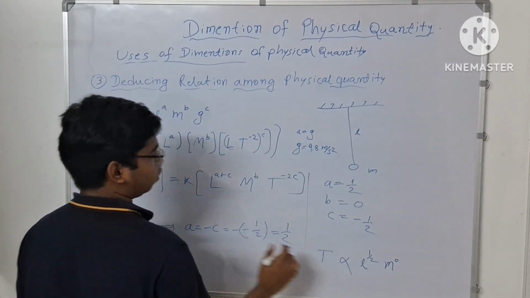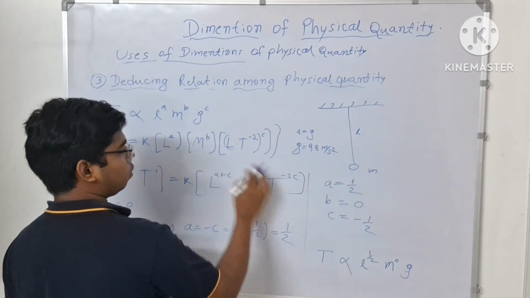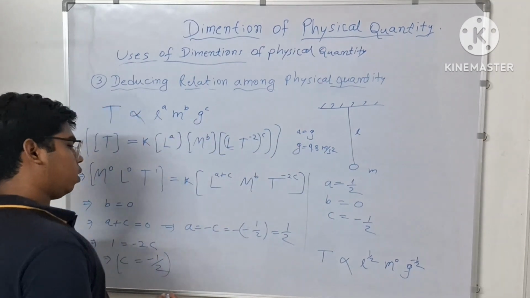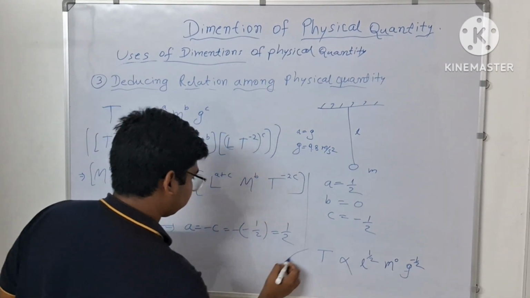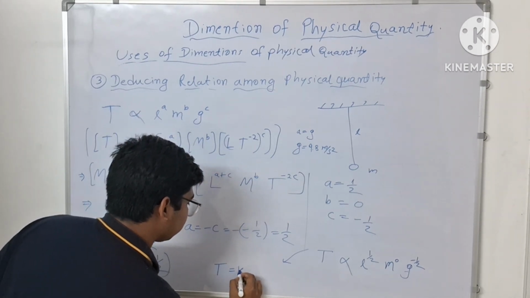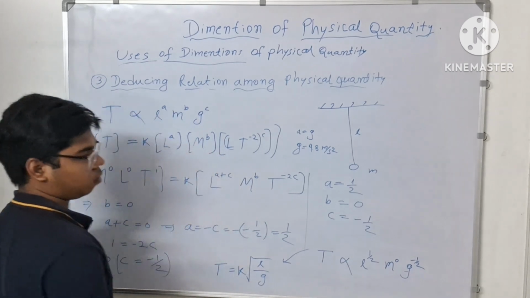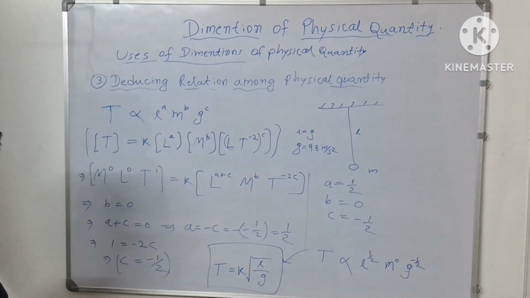Next is g, gravitational constant, g power c, c is minus half, so g power minus half. If we write it shortly, the time period is equal to k square root of L by g. This is the time period.